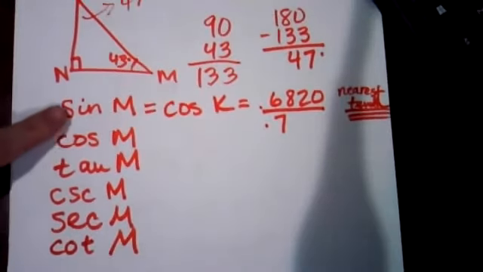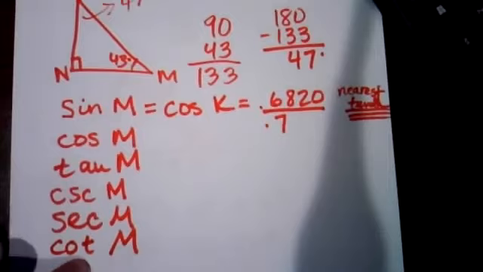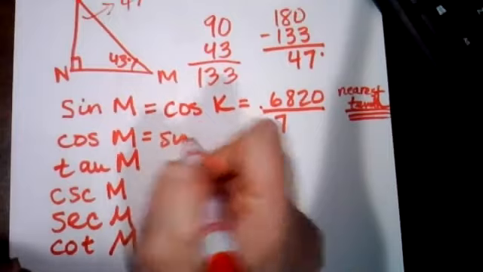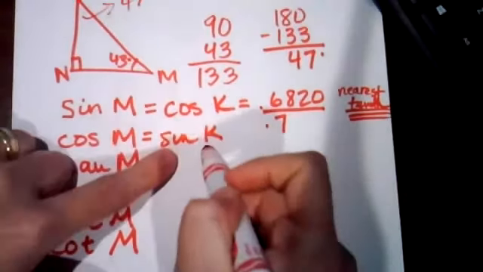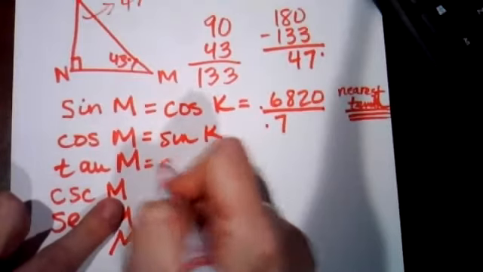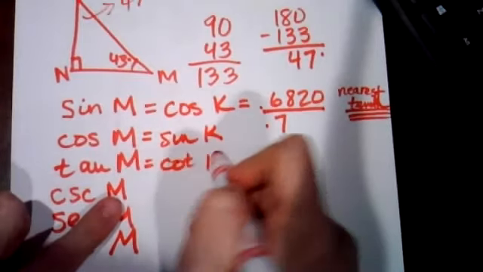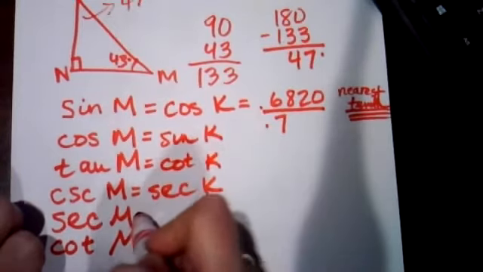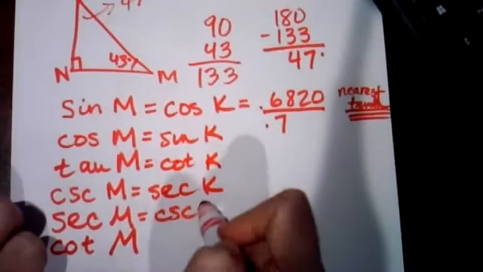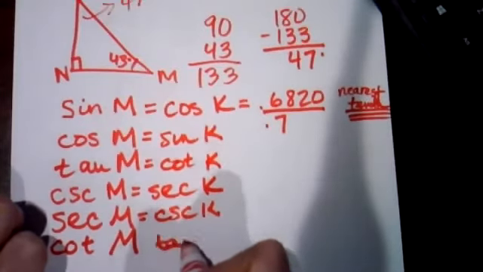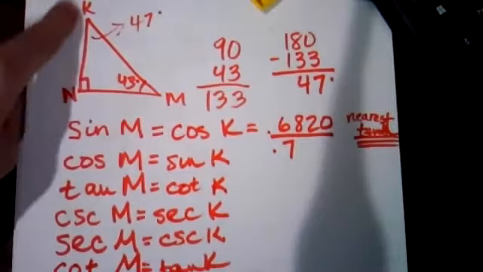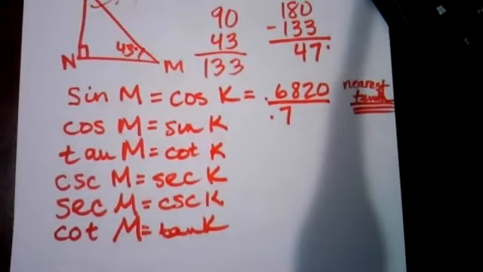So you're going to go through and do all of this right here in your calculator, and you're going to find that it's equal to, if you had M, you've got sine K, you've got, this is the opposite of that, which would be cotangent K, the opposite of this one, secant K, the opposite of this one, cosecant K, and tangent K. You can always go back and figure out in your brain what's the opposite of it, or you can do all the hard work and do 12 functions, up to you.